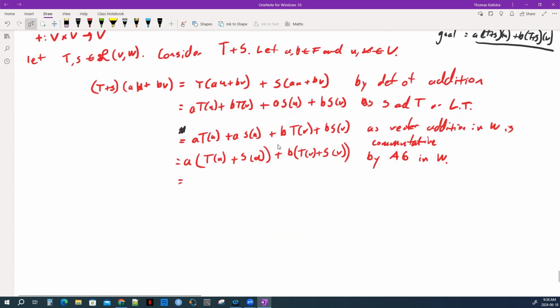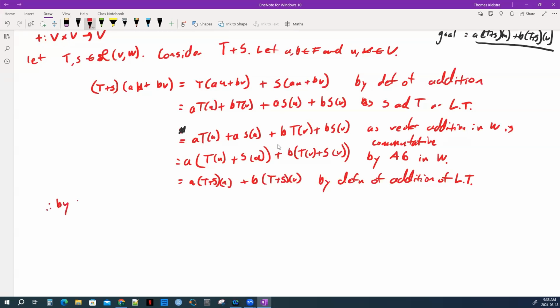But now this is a (T plus S) of u plus b (T plus S) of v by definition of addition of linear transformations. And this gives me exactly what I'm looking for. I have left-hand side equals right-hand side.